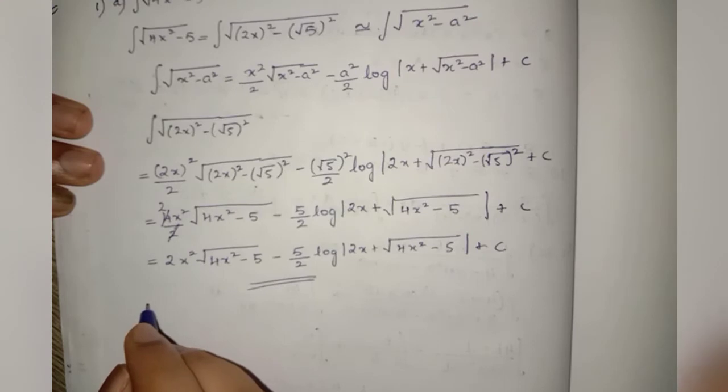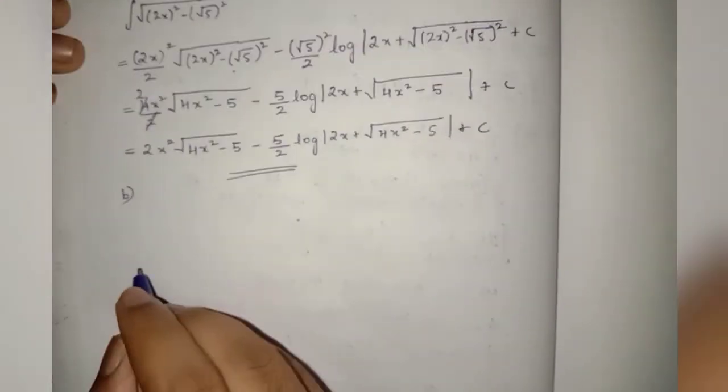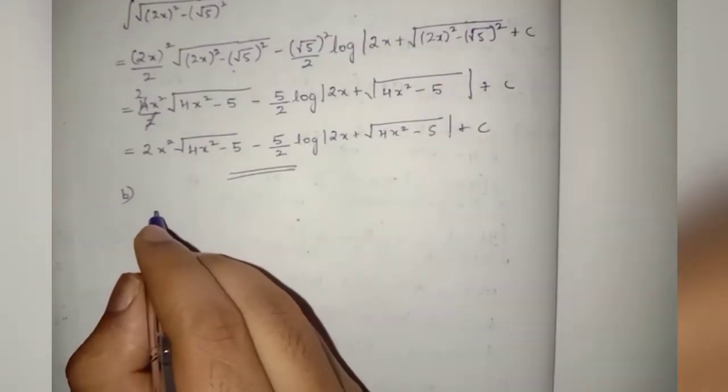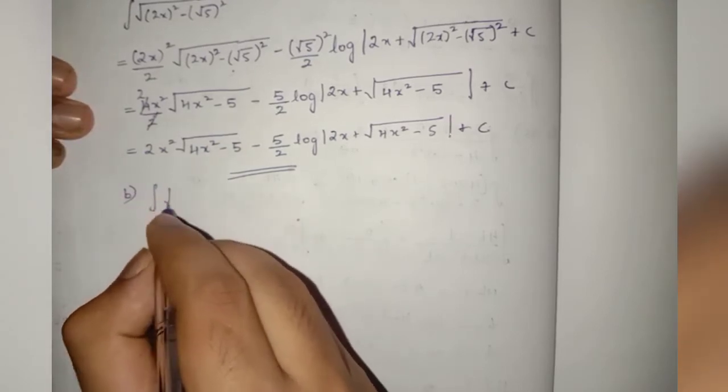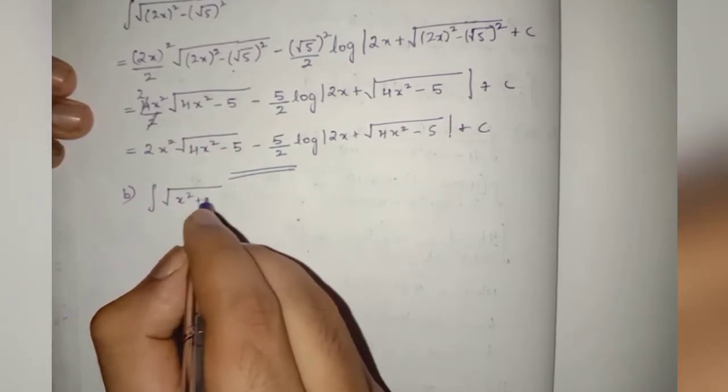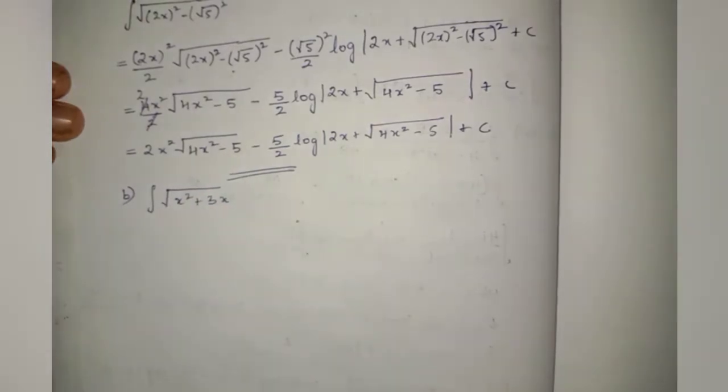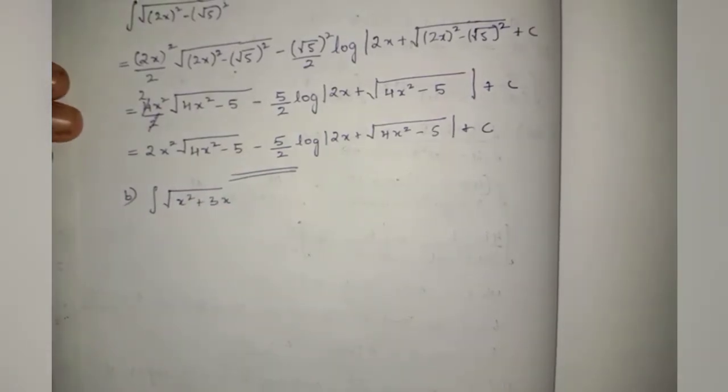Let us move to the B part. Integral root of x squared plus 3x. This is the question.